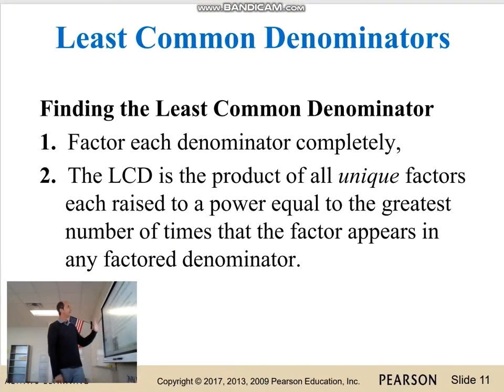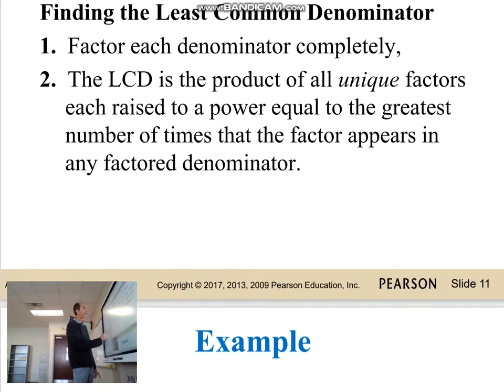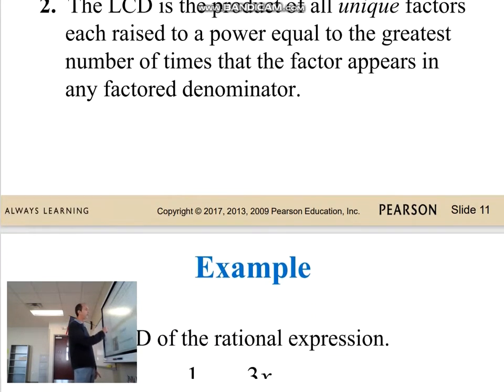The step-by-step is, first, you factor each denominator completely. Step number 2: the LCD is the product of all unique factors, each one raised to a power equal to the greatest number of times that the factor appears in any of the factored denominators.